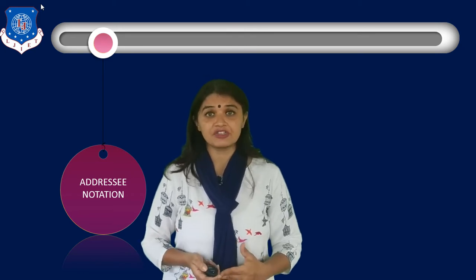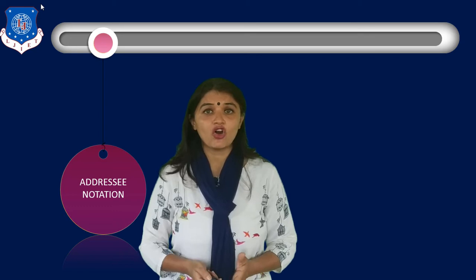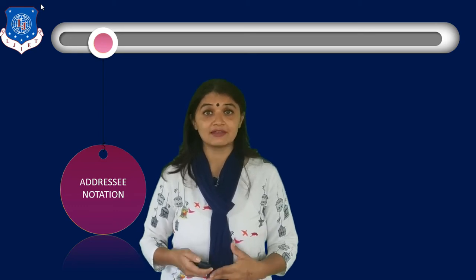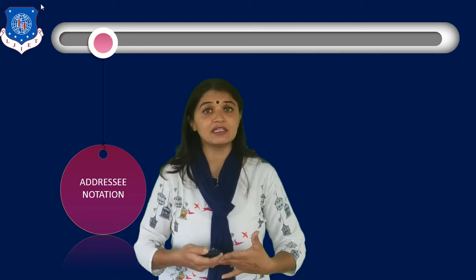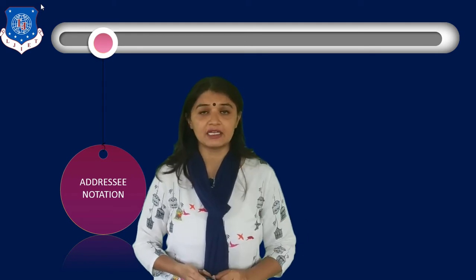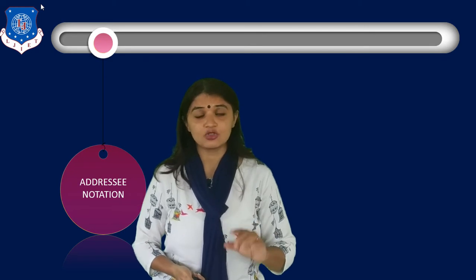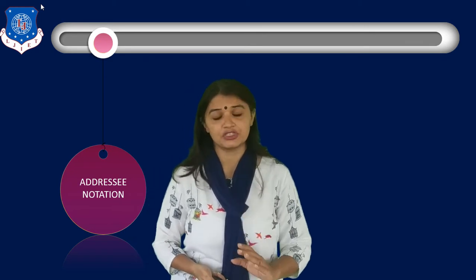It is either justified to the left margin or centrally justified. Now what do you write in the addressee notation? So for example, your matter is confidential and you have sent the letter to the organization. You want only a particular person to read that letter, then you will mention "CONFIDENTIAL" in capital letters. So that is called the addressee notation.